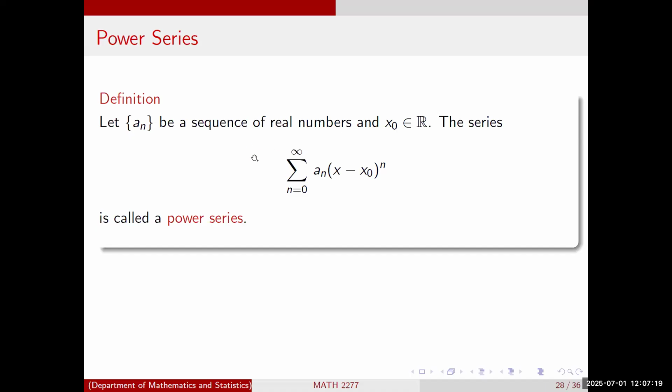Let's just look at it first, and then I'll explain the idea behind it. Let an be a sequence of real numbers and x0 be some fixed real number. A series of this form, the summation n goes from 0 to infinity of an times (x minus x0) to the power of n, is called a power series.